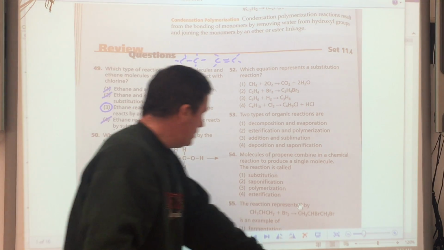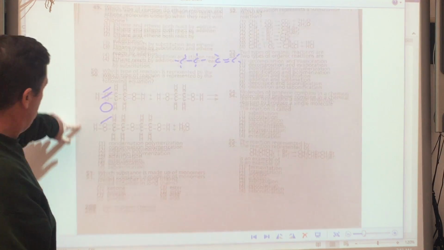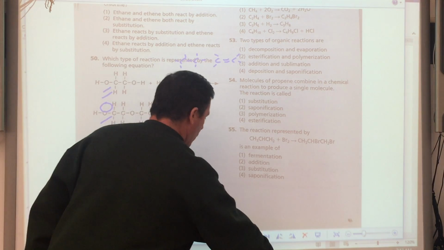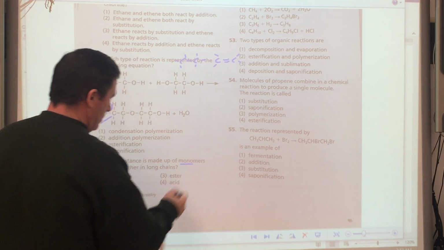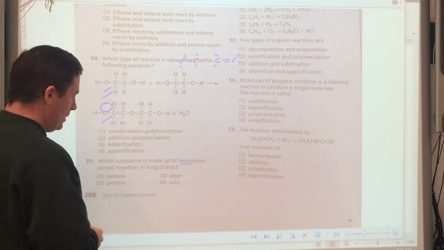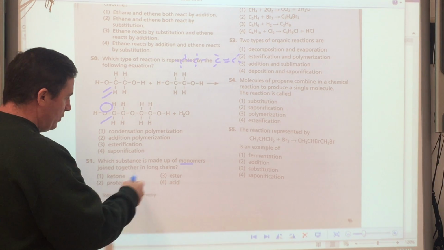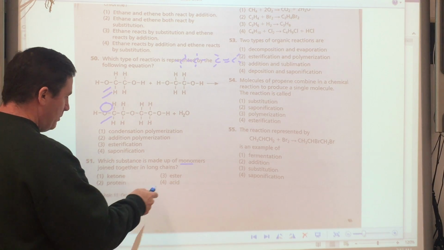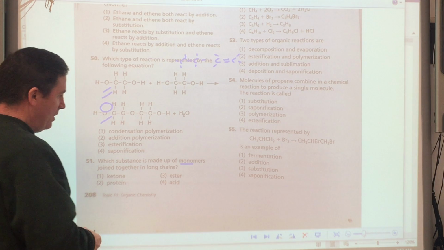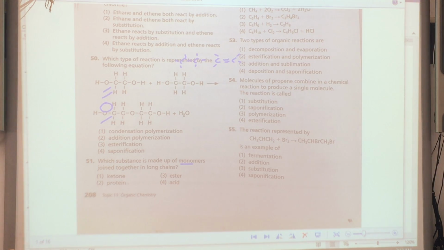Number 51 is the next one. Which substance is made up of monomers? Mono means one, joined together in long chains. Well, you might have to go into your notes for this, but esters, ketones, and acids are not long chains, really.